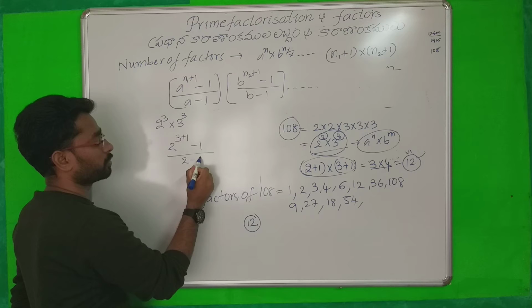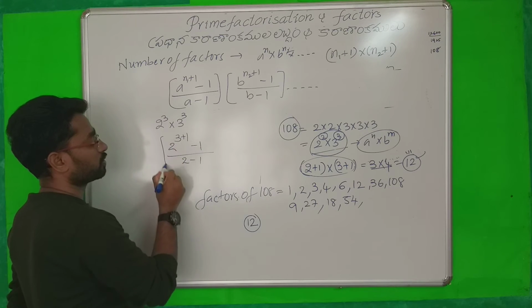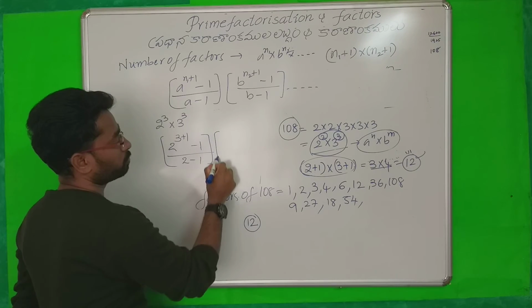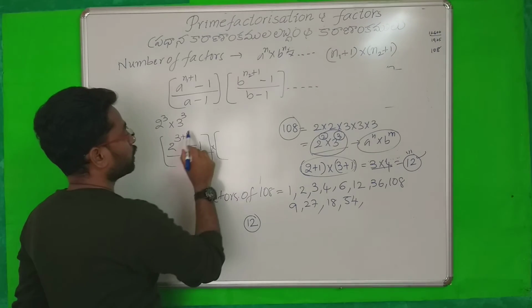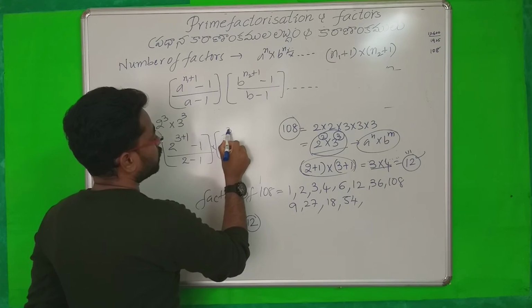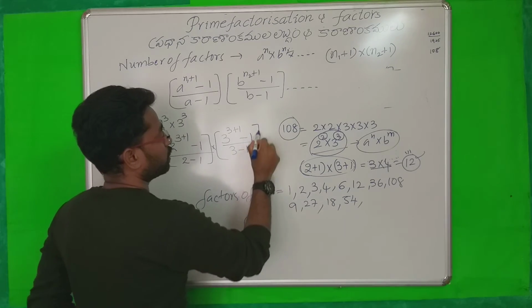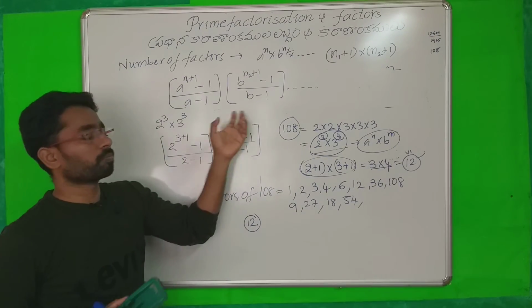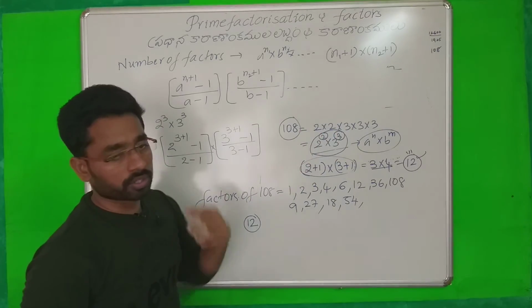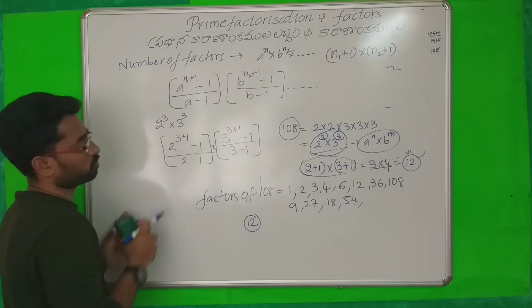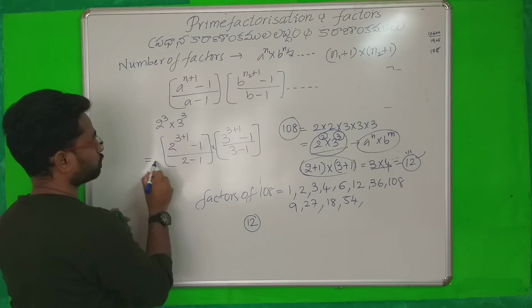Here 2 is a prime number, and this one. Into means we can apply brackets easily. So 3 to the power of 3 plus 1, minus 1, by 3 minus 1. If you have more prime factors like this, you can continue the same process, but there are only 2 now, so I have finished this one.